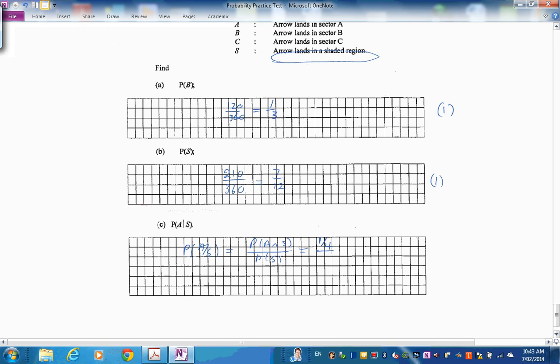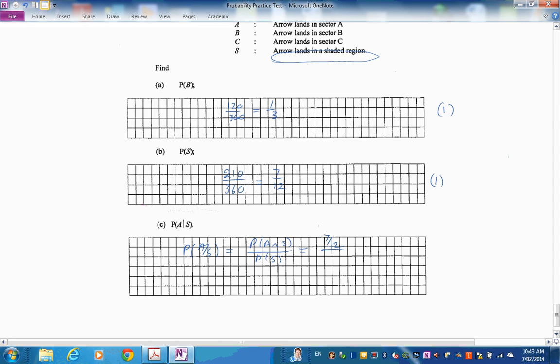Probability of A and S, A intersection S, and let's just check that now. We want A to occur and S to occur. Oops, that's not right. That's the probability of S, so that's 7/12 divided by probability of S. Hang on, I think I've just confused that now.